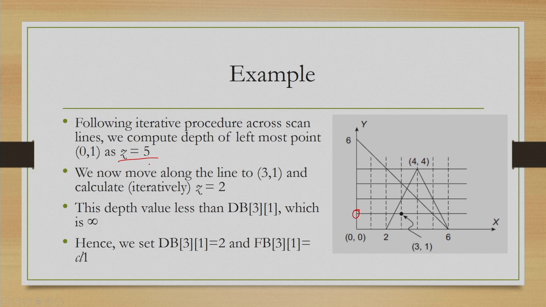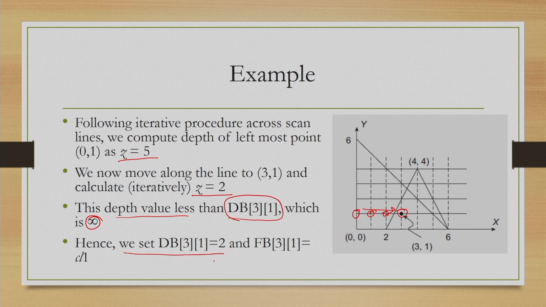We skipped those steps, you can do the calculations on your own and find out. Then we move along this scan line in this direction. So, we go to the next point here, then here and so on up to this point (3, 1) and calculate that at this point z is 2. Now, this depth value is less than the already stored value, which is infinity.